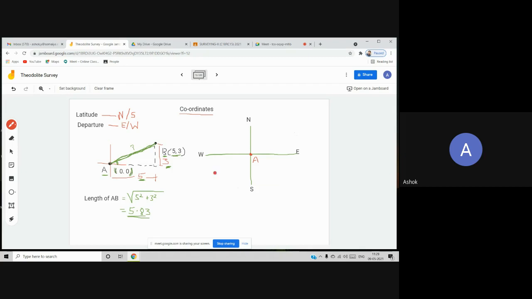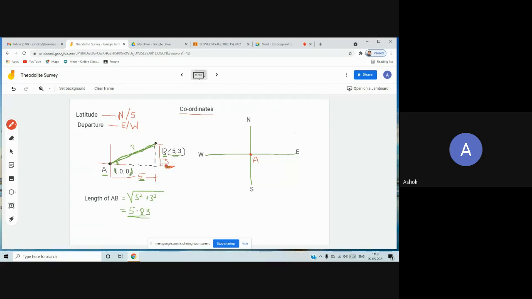See, this is north, south, so let's say 3. When I say this 3, is 3 latitude or departure? Latitude, because it is towards the north, right? Latitude is towards north or south, so this is known as a latitude.